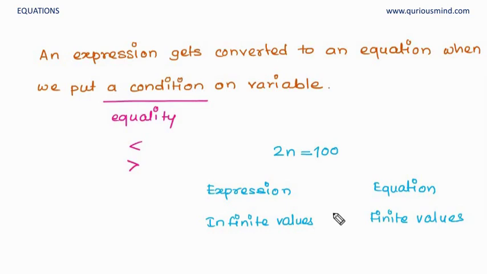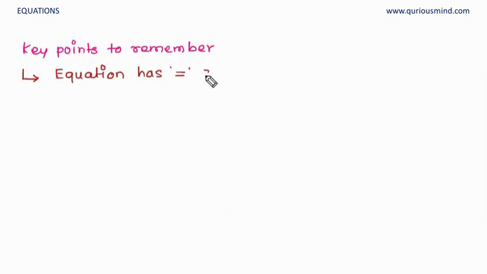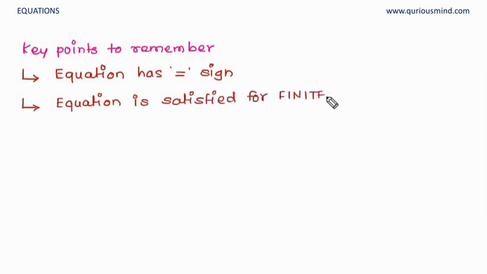We'll also see a few more key points about equations. An equation has an equal to sign. We saw that less than, greater than signs are not allowed in an equation. We also saw that it has finite values of variables for which the equation is true. Only for finite values it is valid.